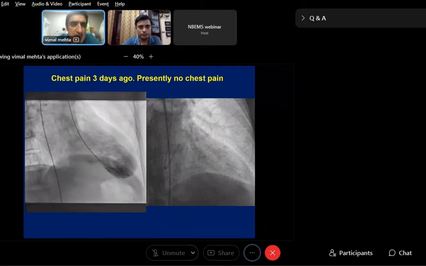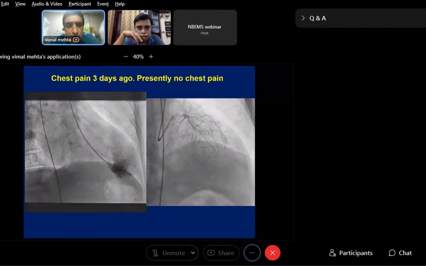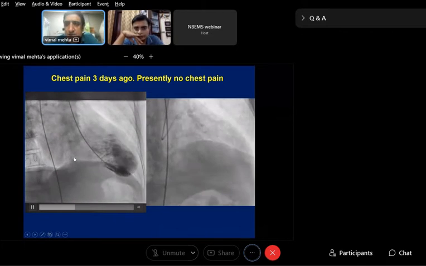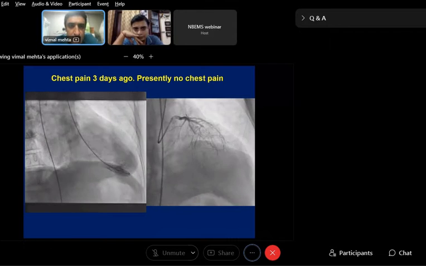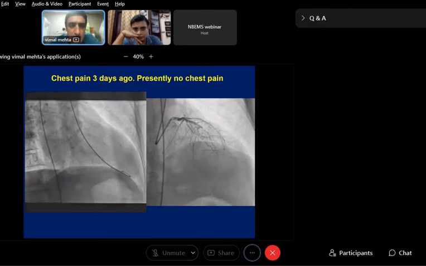So this is a case: chest pain 3 days ago, presently no chest pain. This I should have played later on. So tell me what it is. Which area is involved? Which segments are involved?